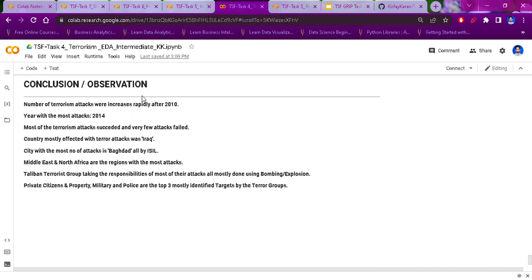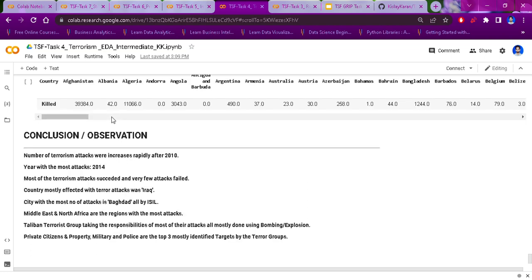So the conclusion and observations, we have the following things to go through. The number of terrorism attacks increased rapidly after 2010. The year with the most attacks was 2014. Most of the terrorism attacks succeeded and very few attacks failed. The country most affected by terror attacks was Iraq.